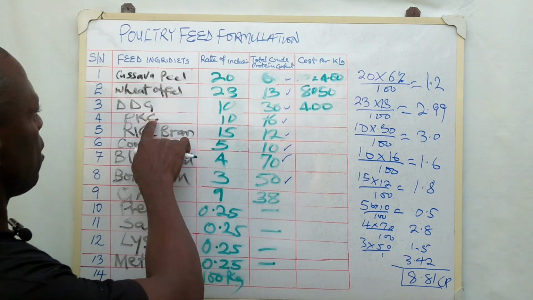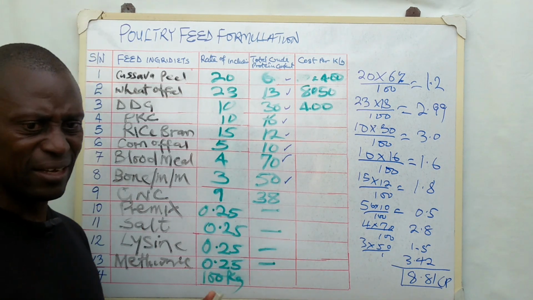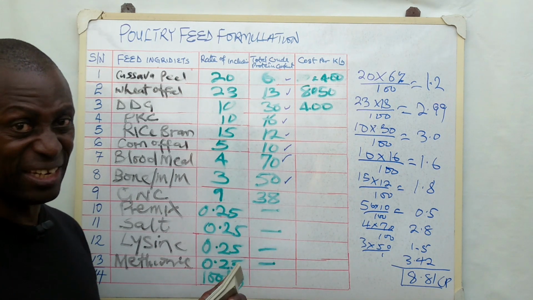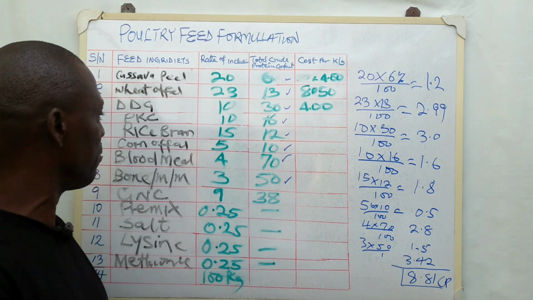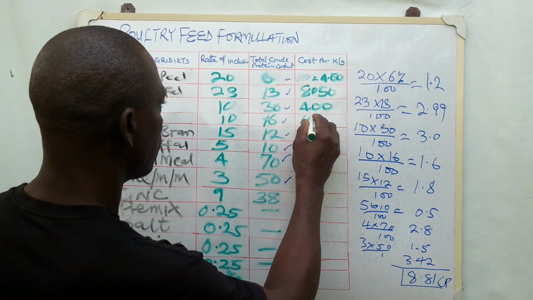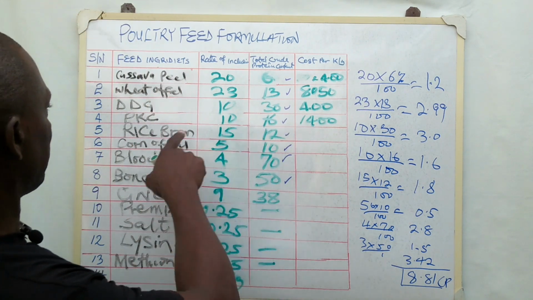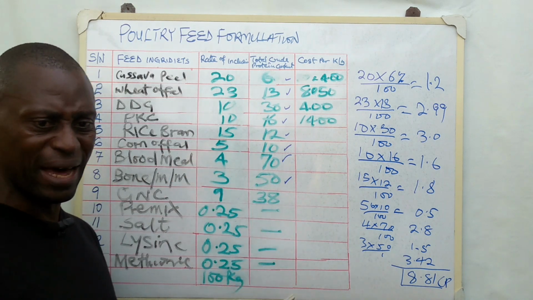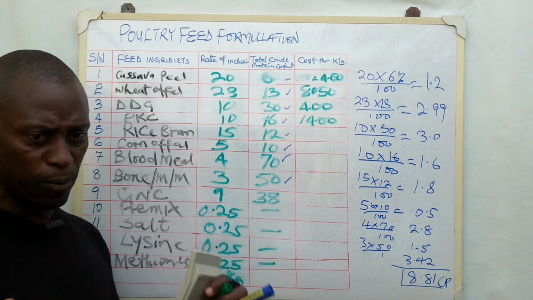Okay, the next one is palm kernel cake. Palm kernel cake in my area, that is PKC, is 140 naira. That will give us 140 naira times 10, which is 1,400 naira. Now, rice bran here, I don't know in your own area, is very cheap also.